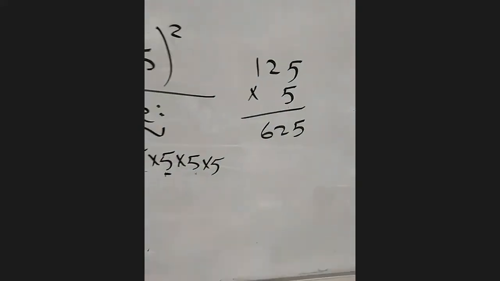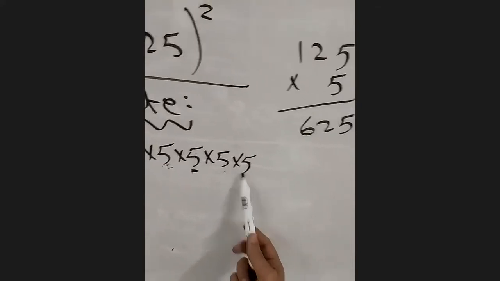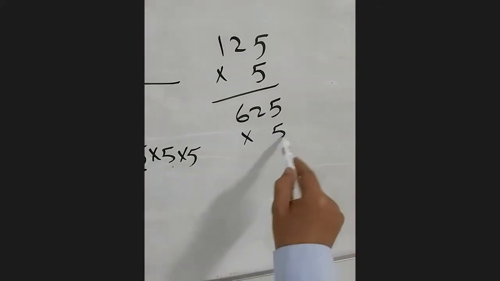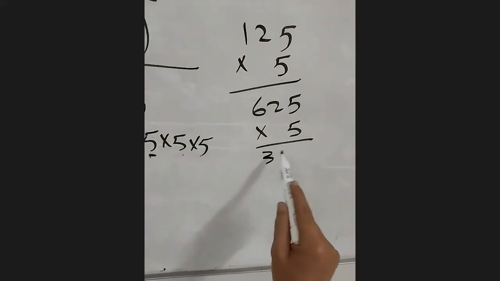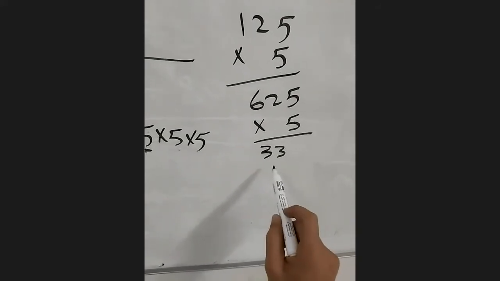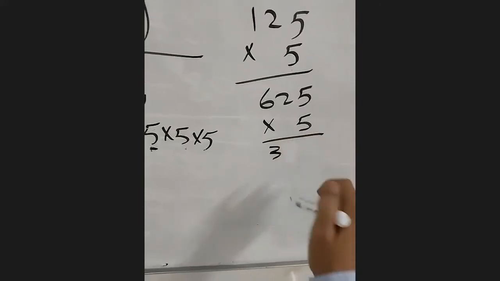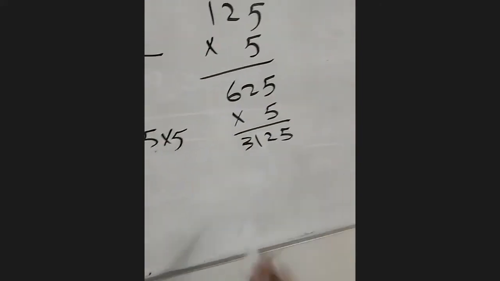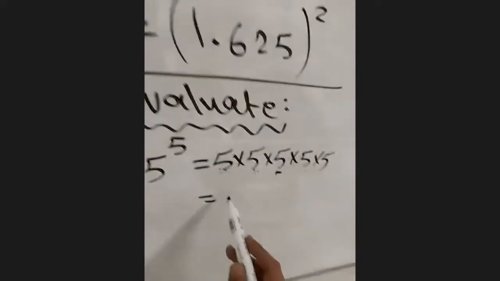Now still 1 five, right? Multiply by another 5. 625 times 5, it will be 3,125. So if you finish multiplying the five fives, the answer is 3,125.